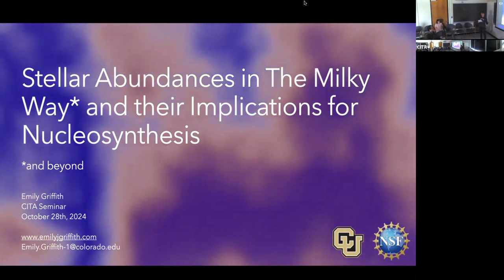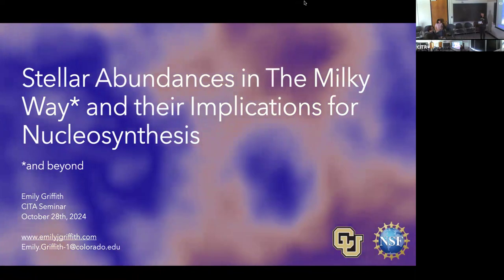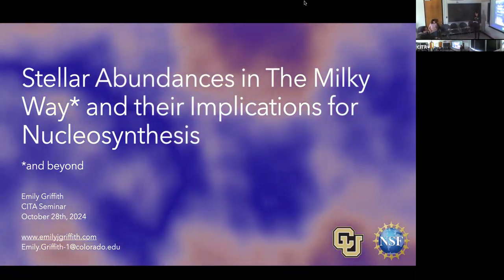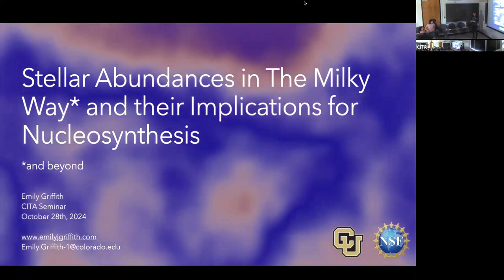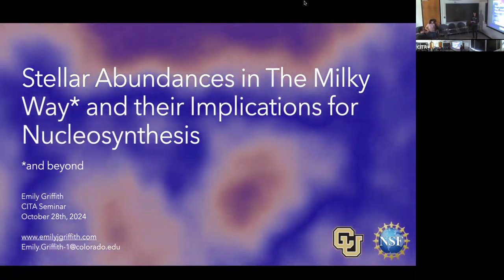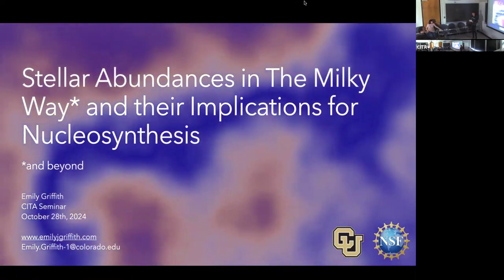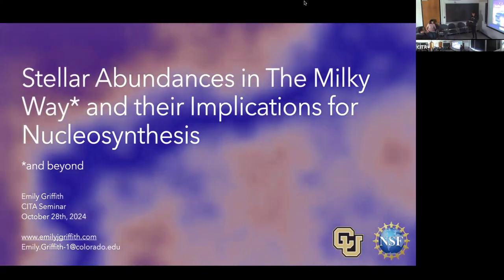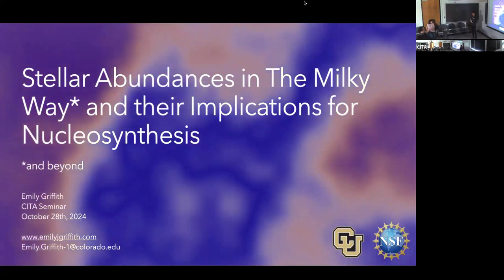Pleasure to introduce Emily Griffith. She's an NSF Astronomy and Astrophysics postdoctoral fellow at CU Boulder. She got her PhD in astrophysics in 2022 from Ohio State University. And she's heavily involved in the ITSS survey, and she works as a co-chair of COINS, the Committee for Inclusiveness in CITA.